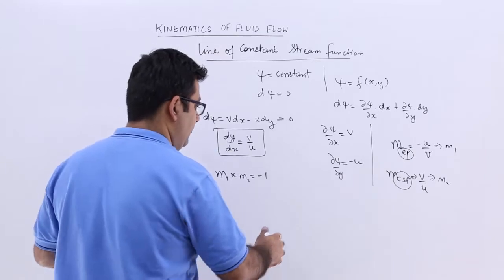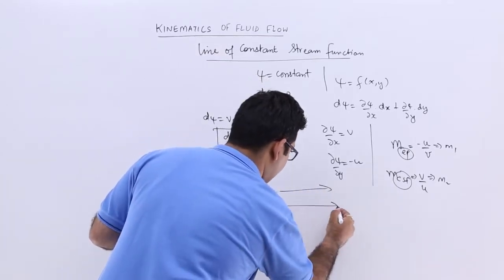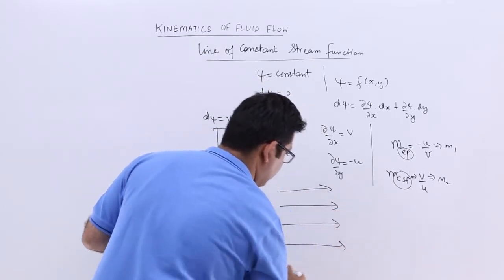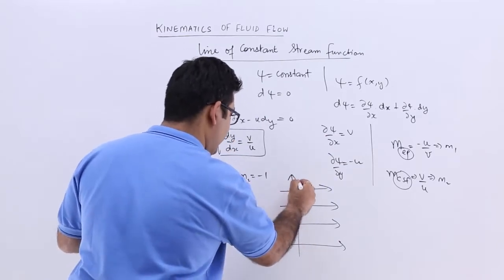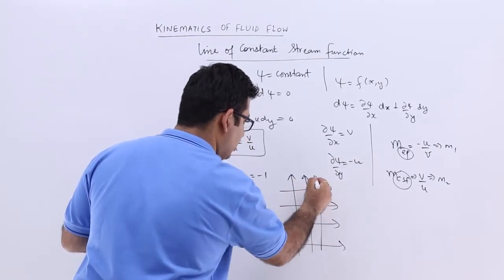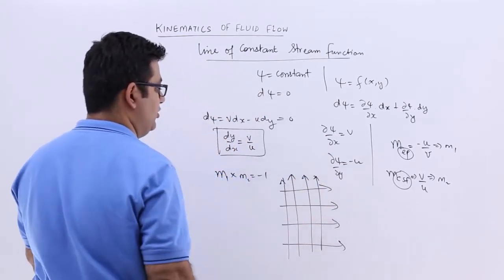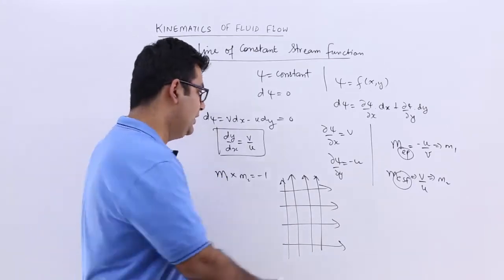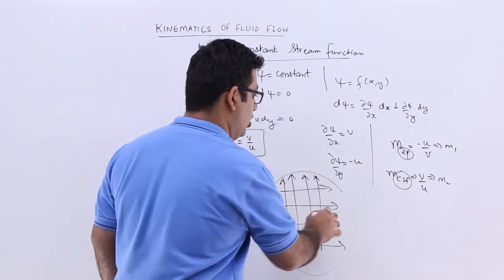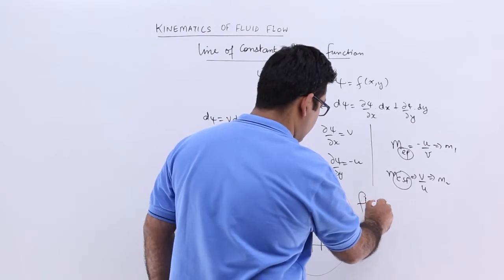So let us say if these are the equipotential lines, then these would be the lines of constant stream function, and this is called a flow net.